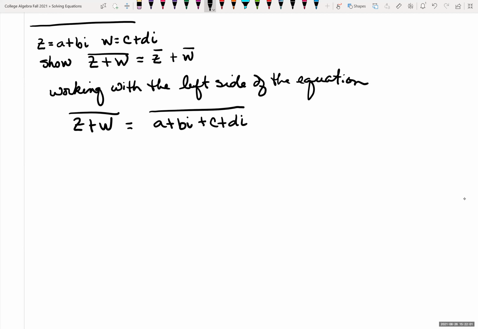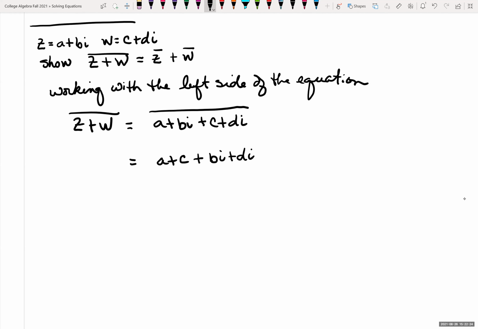And we're going to look at the conjugate of that sum. So let's rewrite it where we have the real parts next to each other and the imaginary parts next to each other. And so a and c are the real parts. And so let's rewrite that as a plus c, and then plus bi plus di.